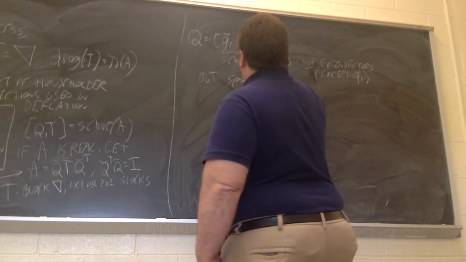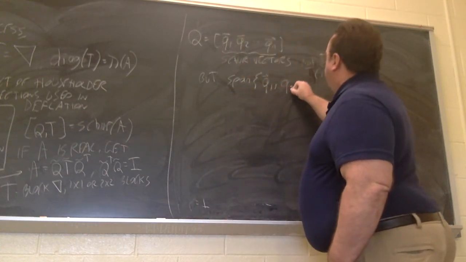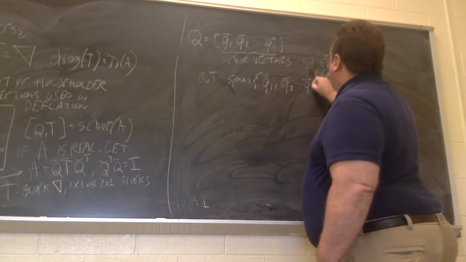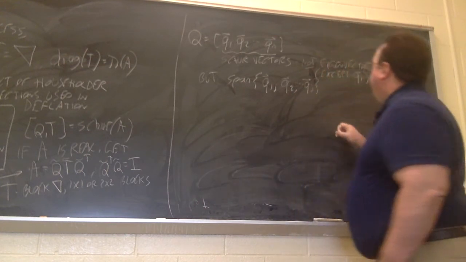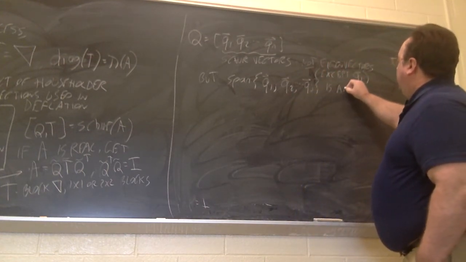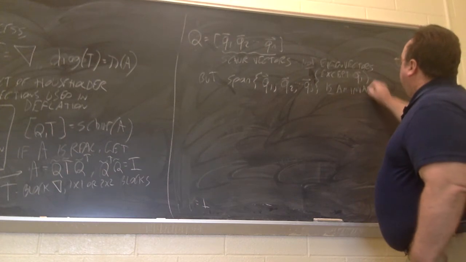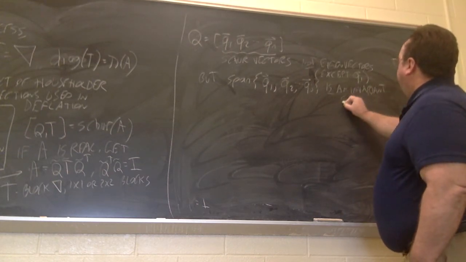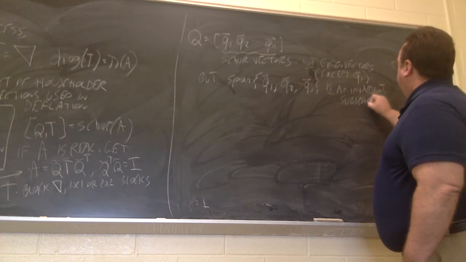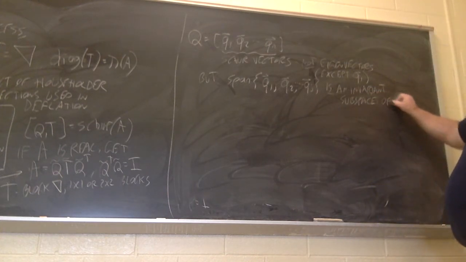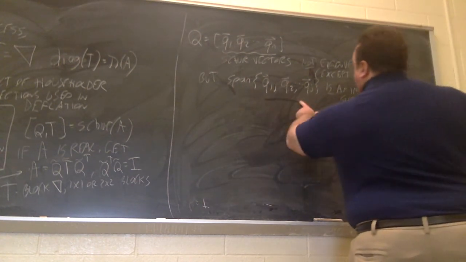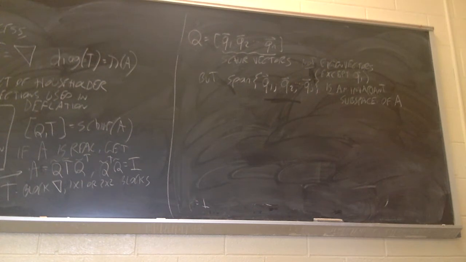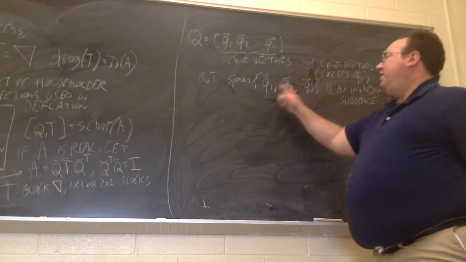if I take columns of Q starting first and stop at any point, so Q1, Q2, up to Qj, it is what's called an invariant subspace of A. So in other words, if I take all of these vectors and multiply them by A, then what I get is still a linear combination of these same vectors.